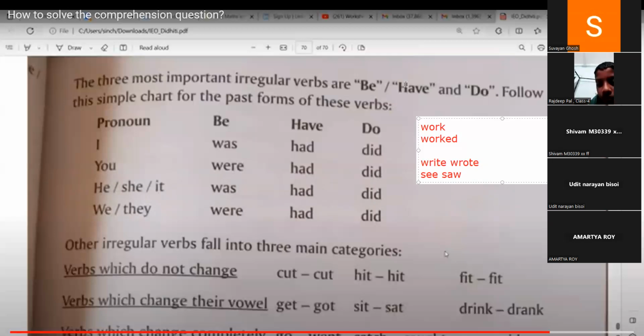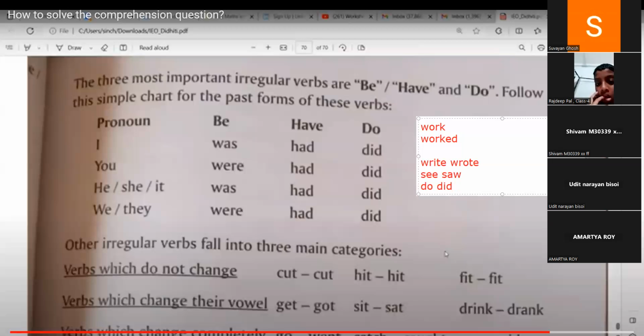No. Irregular verb means those verbs in which when we change it to the past tense, the whole word changes. But in regular verb, the word remains same. We just add ed or d at the end to make it past tense. Is it clear, Udit? Yes, ma'am. Ma'am, like do. Yes, very good. Do, did. Do will become did.